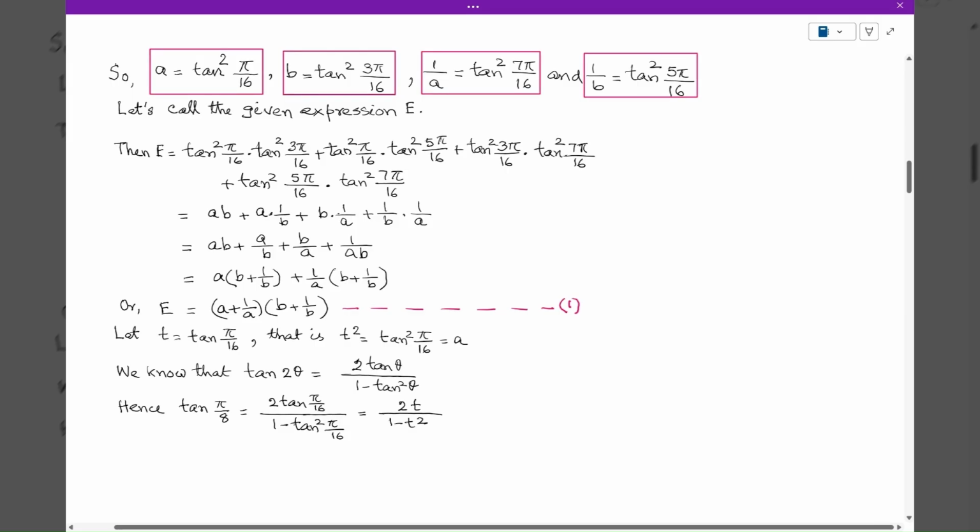So we have found out a is equal to tan square pi by 16, b is equal to tan square 3 pi by 16, 1 by a is equal to tan square 7 pi by 16, and 1 by b is equal to tan square 5 pi by 16.